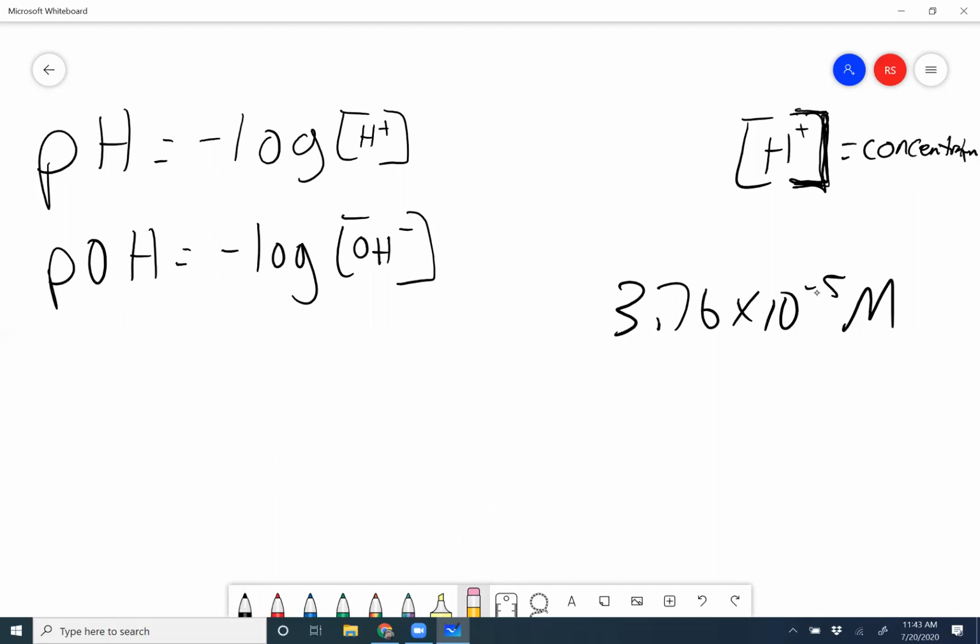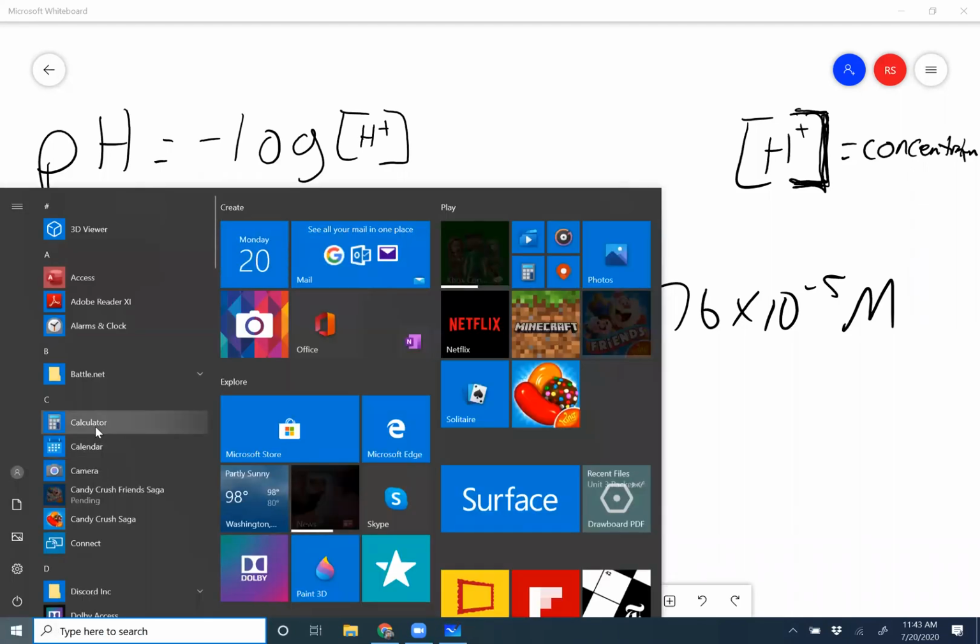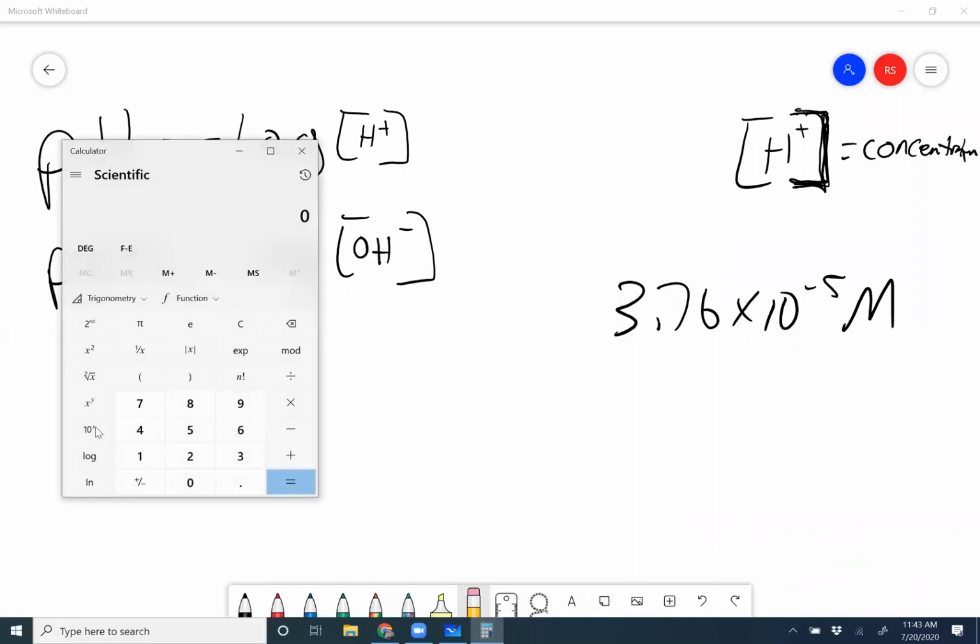I just said that this concentration here was acidic. And if we go over to our calculator and do the calculation, we do negative log. Well, sometimes your calculator is a little bit annoying. So in the case of this, we usually have to type the number out.